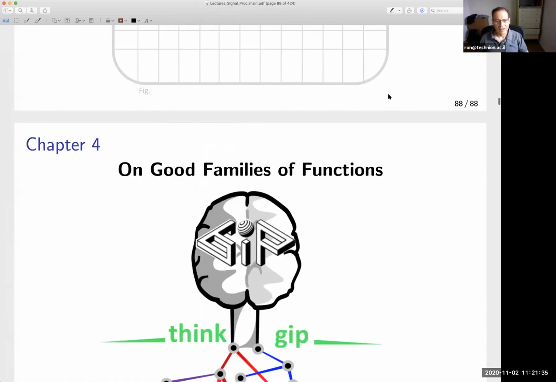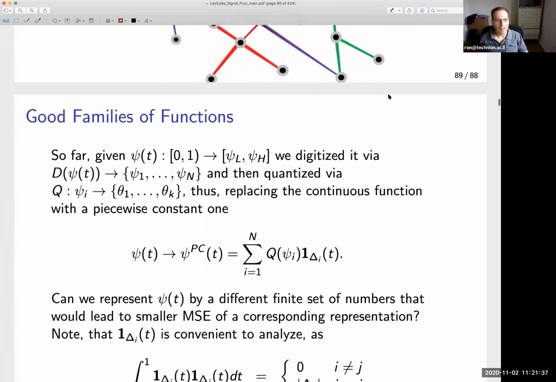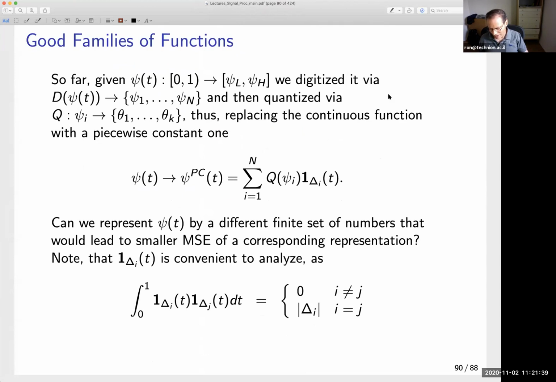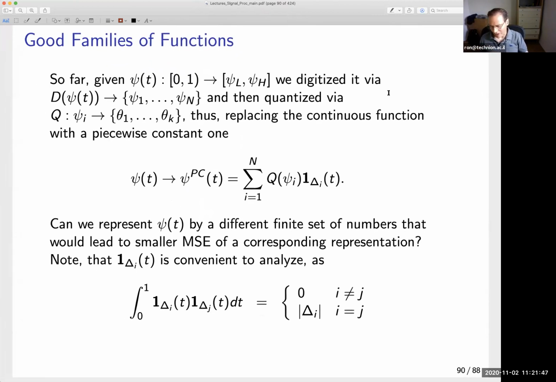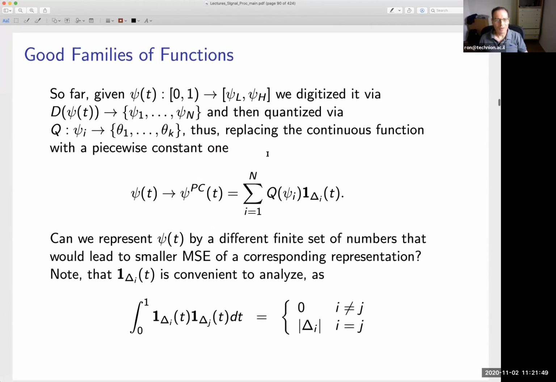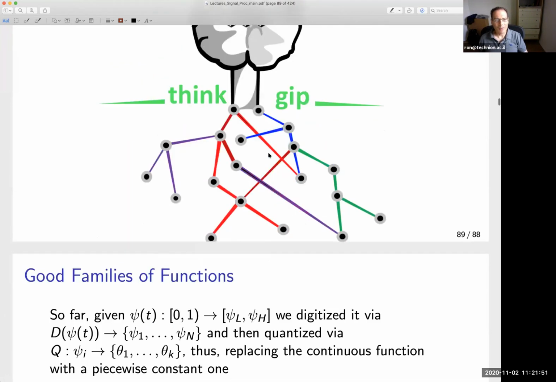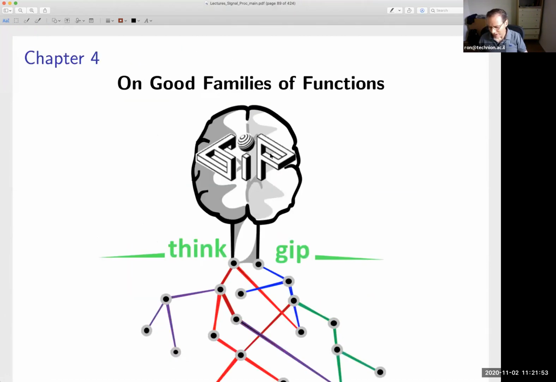Okay, so now we are ready for chapter 4. So just to remind you what we have been doing, let's see if I can enlarge it a little bit more. Until now, what we did is we got a function, okay? And we said that if this is my function, I need to sample it in the x-axis and in the y-axis.